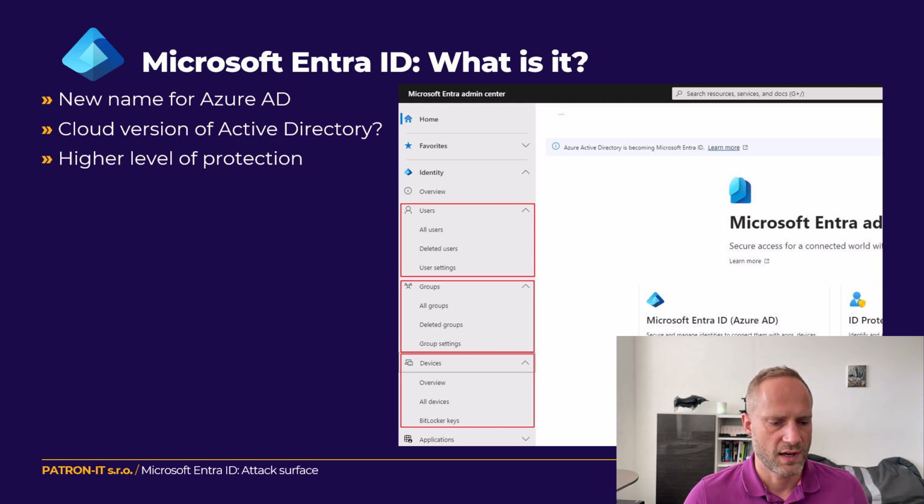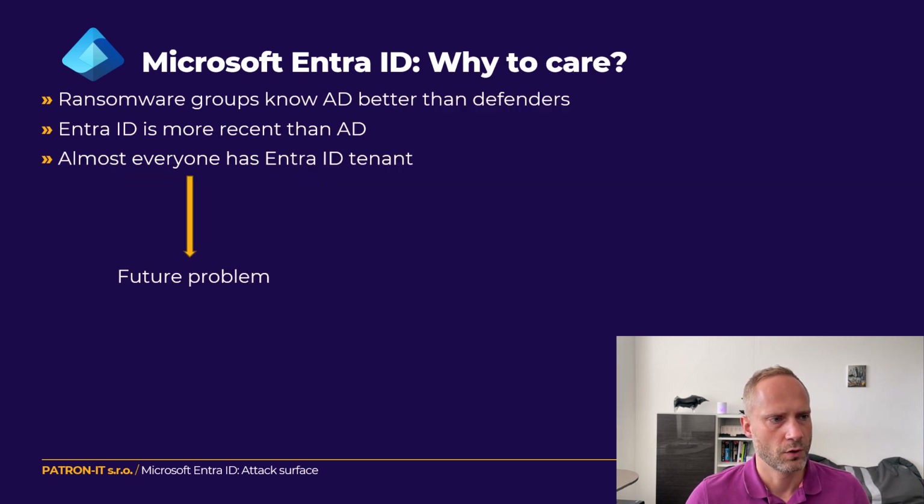So with Entra ID, we can move security further, but it's not without drawbacks. So why do I think it's important to speak and learn about Entra ID? One thing is that on-premise, we see that ransomware actors are much better in Active Directory than the defenders, especially with the more technical inner workings.